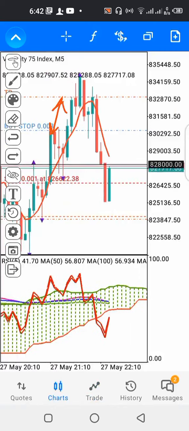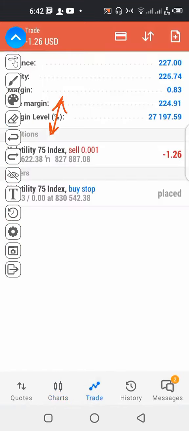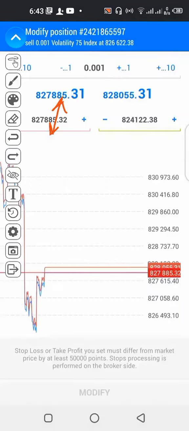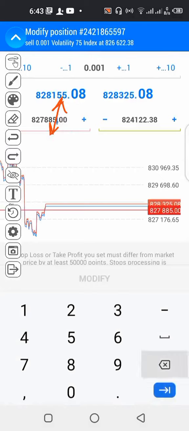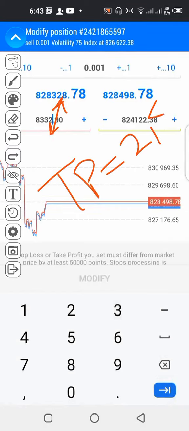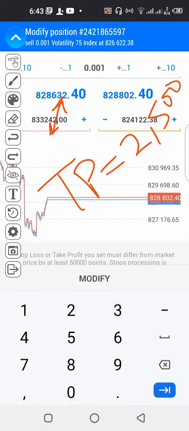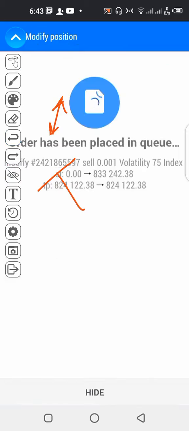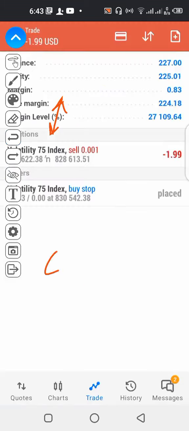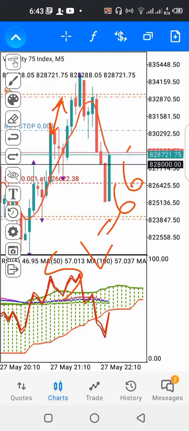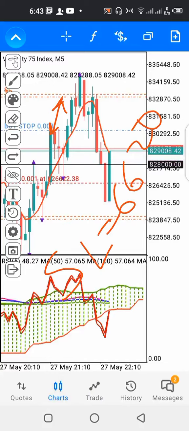So you got to get a calculator to do this, or you open a Microsoft Excel sheet to compute the take profit, which is 2,500 points. You also get to compute the stop loss, which is 6,620 points.